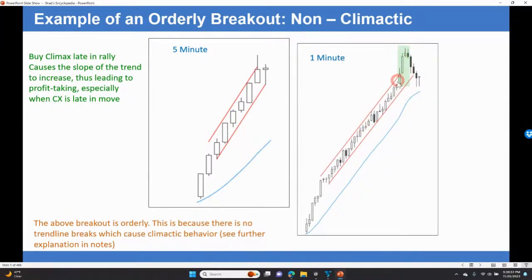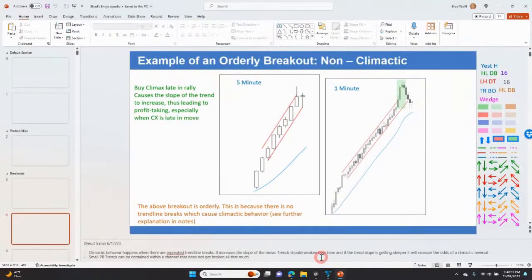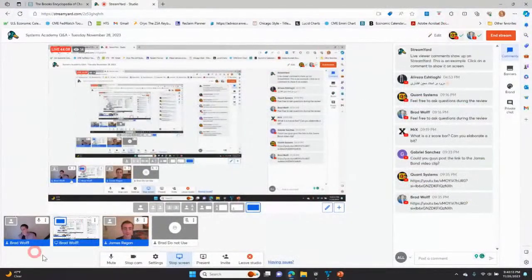So this is not what trend traders want to see. If they do see it, everybody exits the trade. And the counter trend traders are waiting for this because they know it becomes more unsustainable. Yeah, absolutely. There we go.